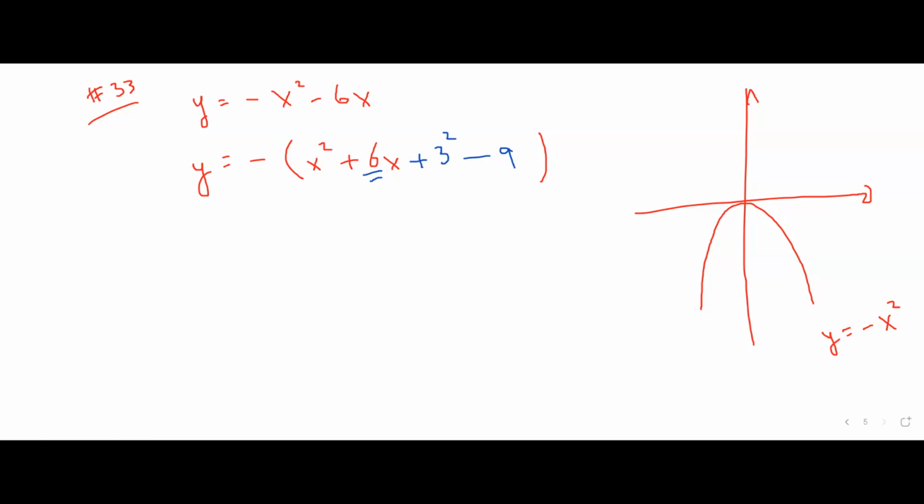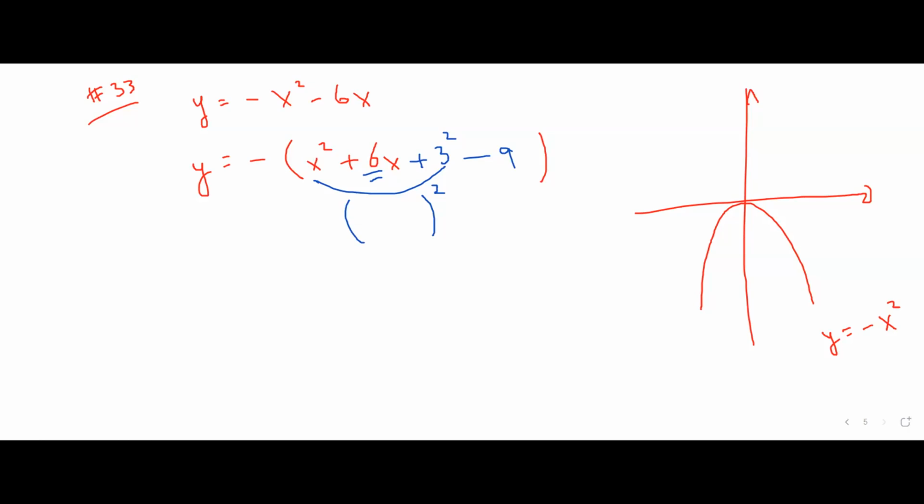So I add 9, and subtract 9. I do nothing with this expression. It stays the same. So we can put the first 3 terms in the parentheses squared. And that's the reason why I do all that. I want to complete that square.